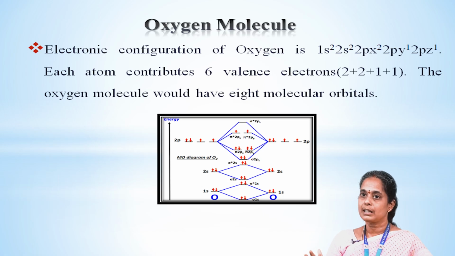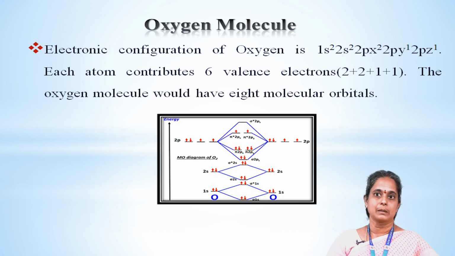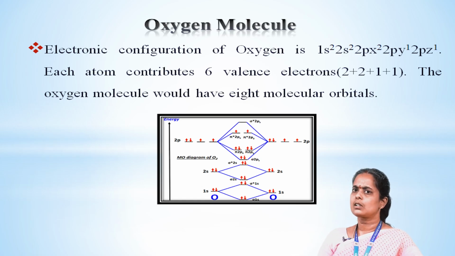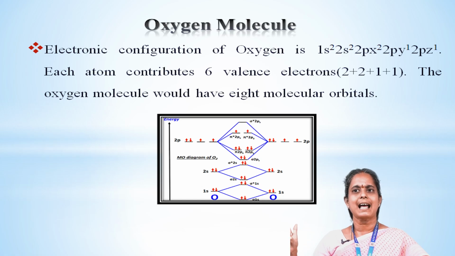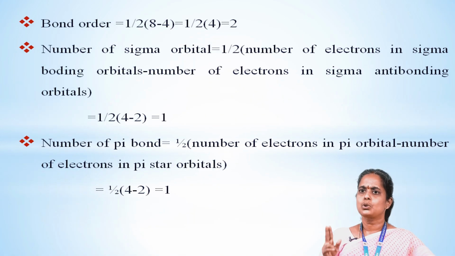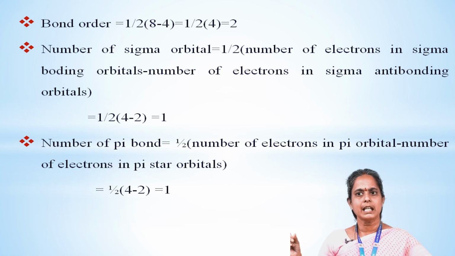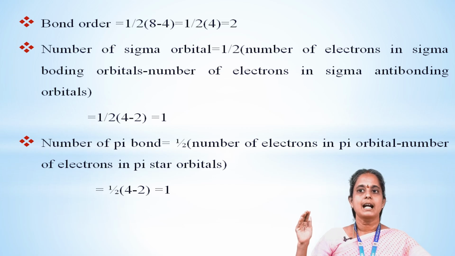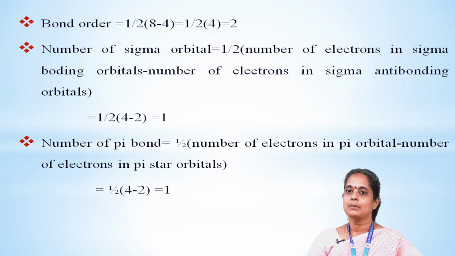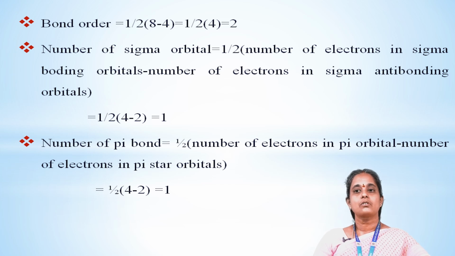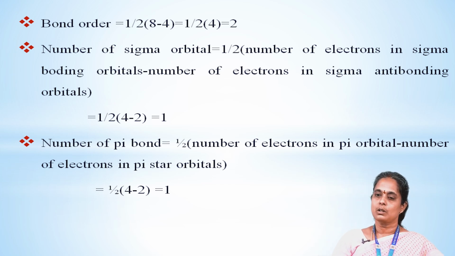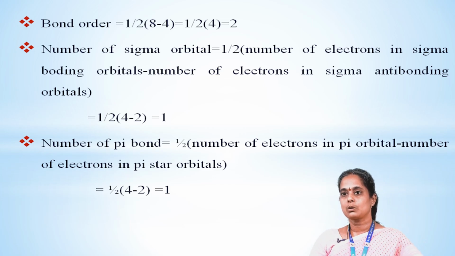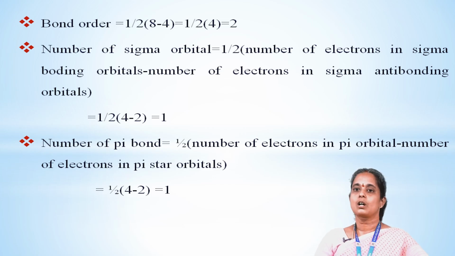The electrons are filled following the Aufbau principle. 8 electrons go to the bonding orbitals, 2 electrons go to the sigma star 2s anti-bonding orbital, and 2 electrons go to each of the degenerate pi star 2py and pi star 2pz anti-bonding molecular orbitals. So, the bond order of the oxygen molecule is half into 8 minus 4, that is 2, a double bonded compound.